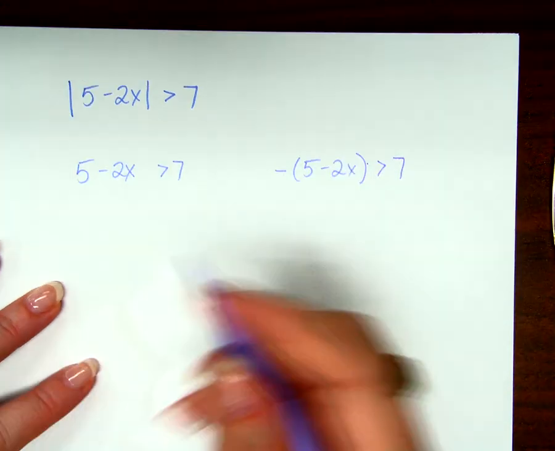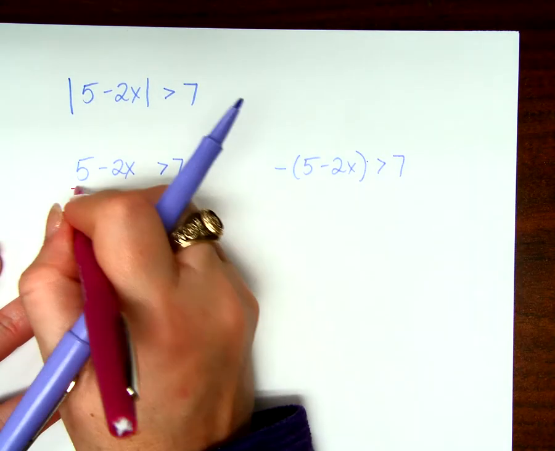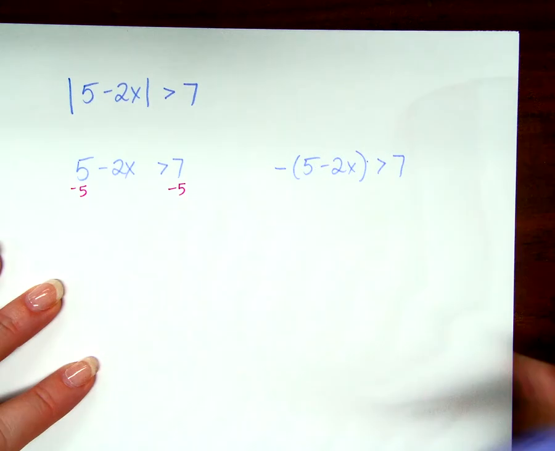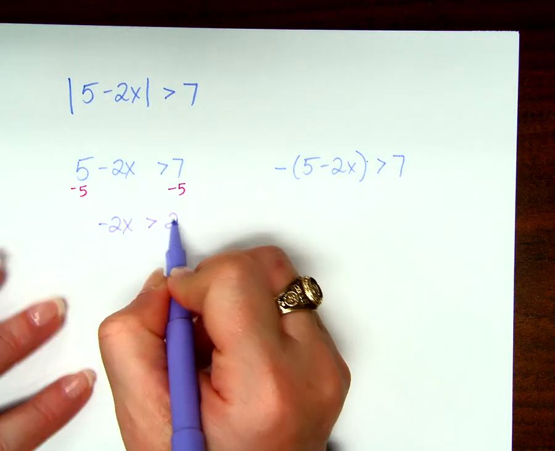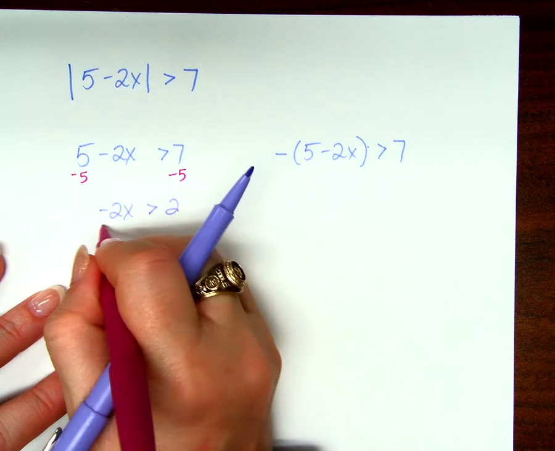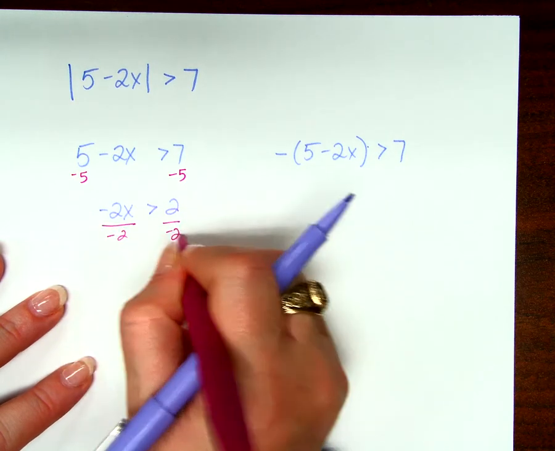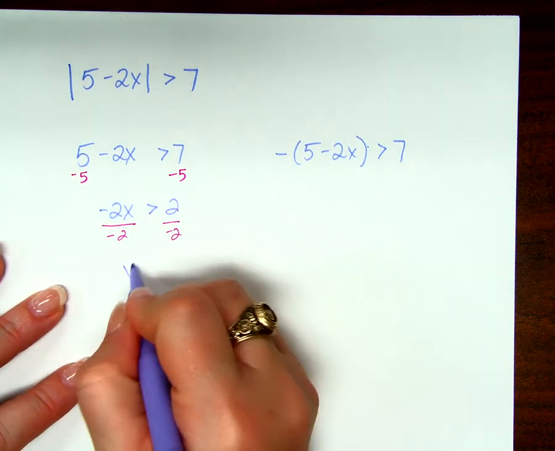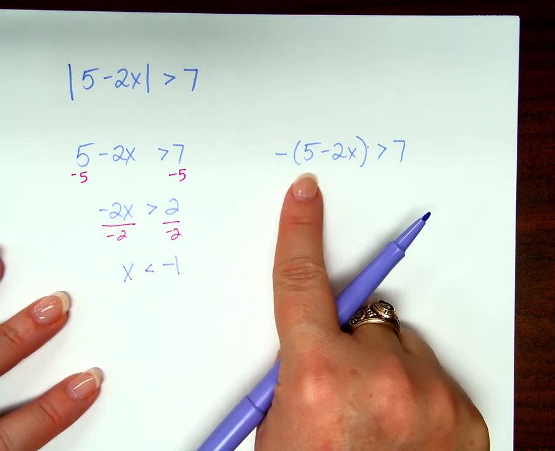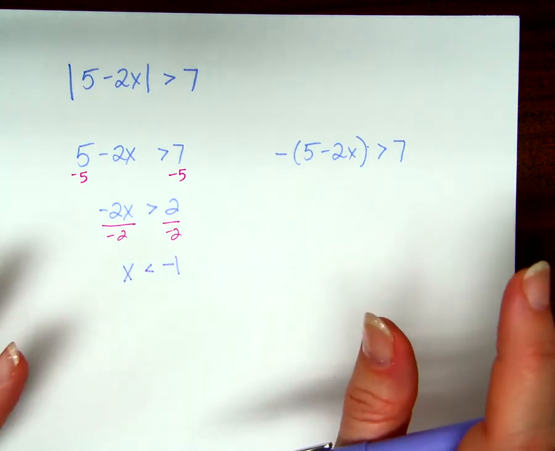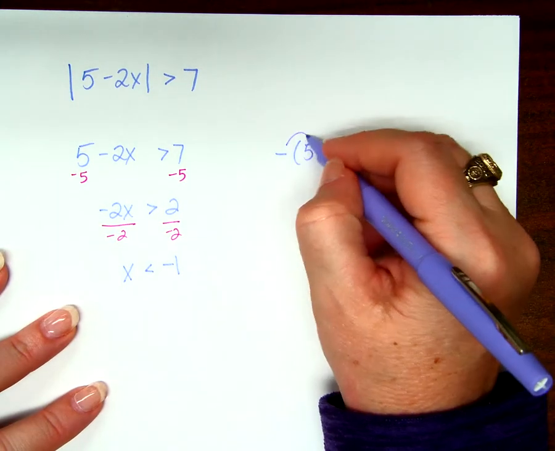Okay? Positive 1, I can subtract 5 from both sides and get negative 2x is greater than 2. Dividing both sides by negative 2 gives me x is less than negative 1, right? Good. On the other side, just so that you can see both ways, let's go and distribute the negative this time.